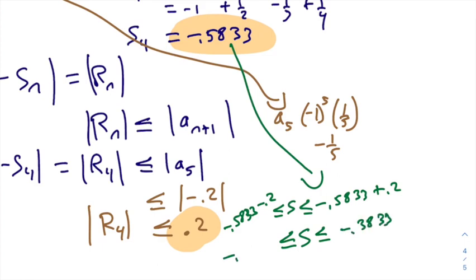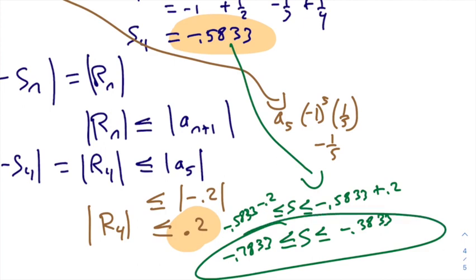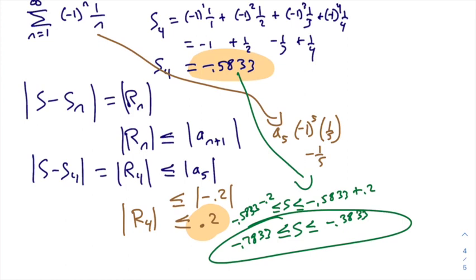So negative 0.3833, negative 0.7833. So we have a range of possible answers. You might be asked to find a range or an error bound, and this is an error bound. That's really cool. That's super useful.